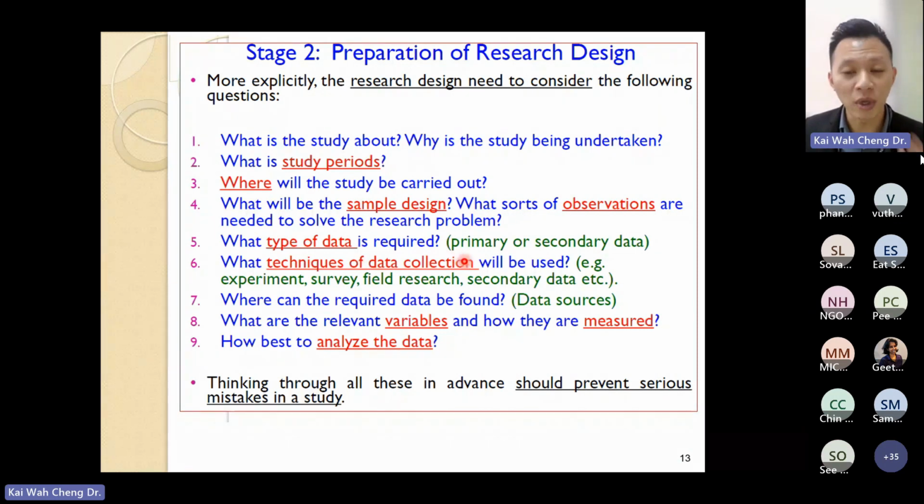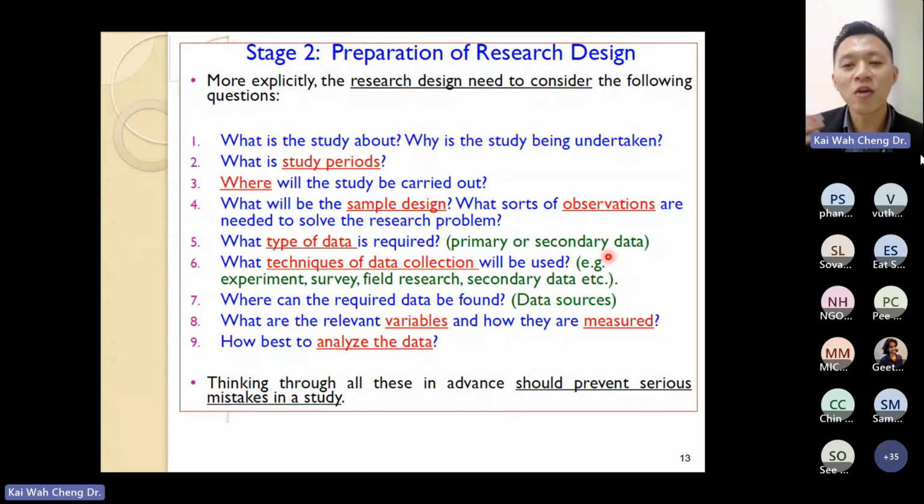You may consider primary data or secondary data as your data set. Primary data means you collect the research data through survey questionnaire, that is what we call primary data. Secondary data means you interpret the information 100% from published material.